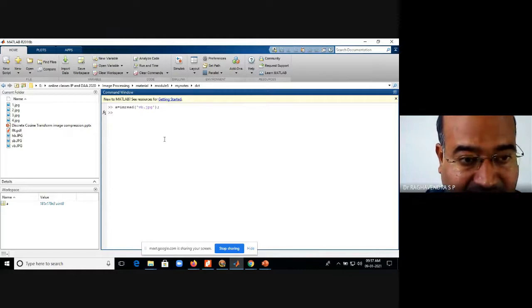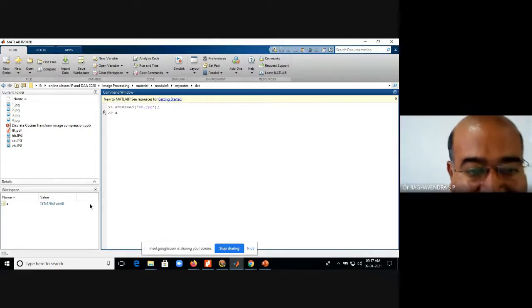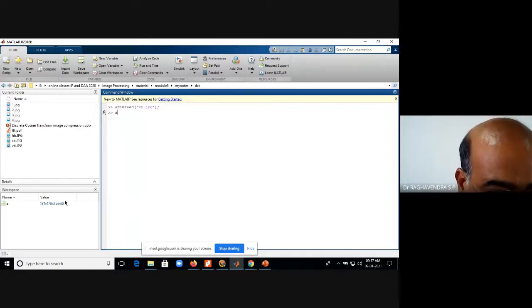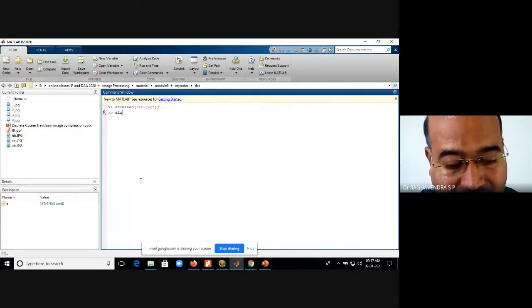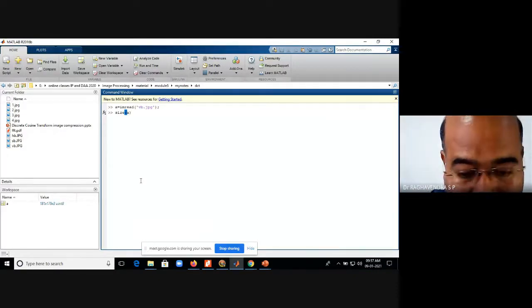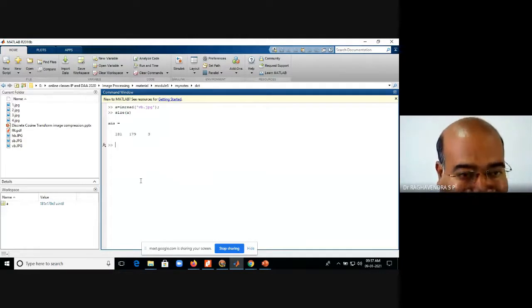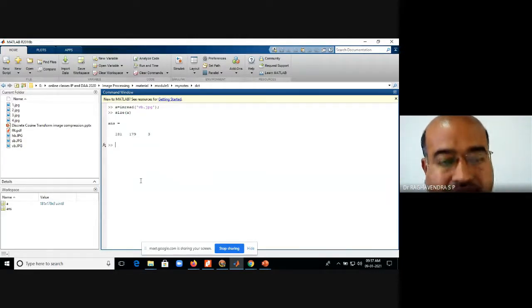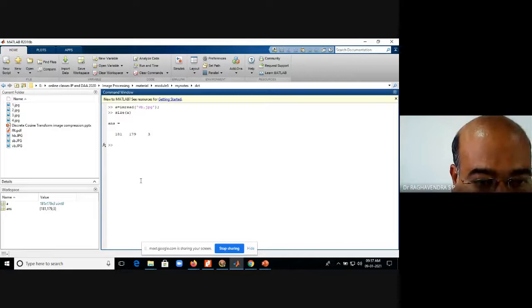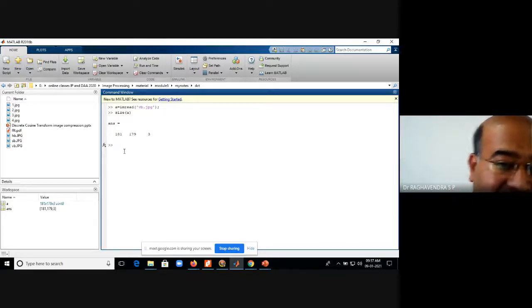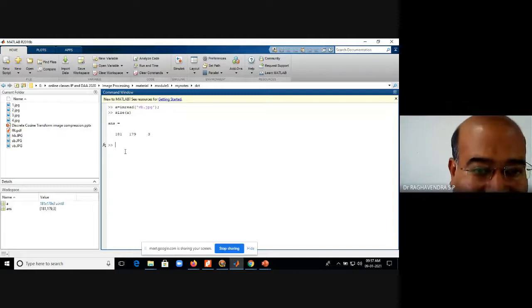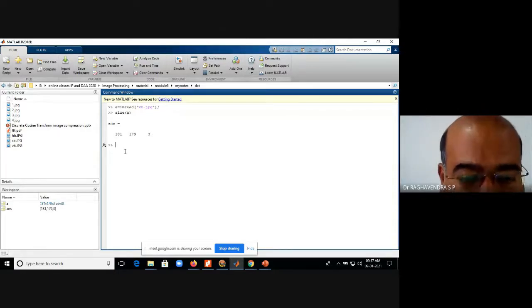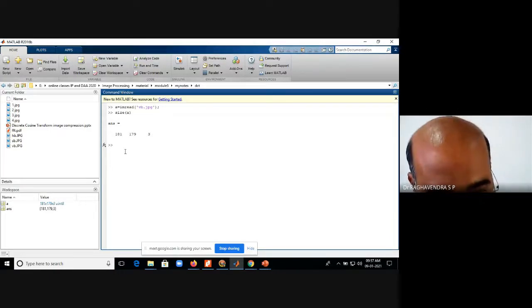Now I'm going to check whether this is a color image or a grayscale image. Can anybody tell me whether this is a color image or a grayscale image?